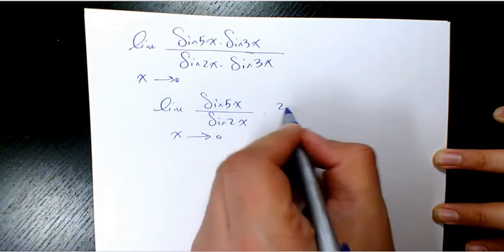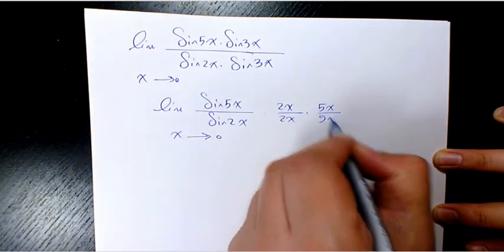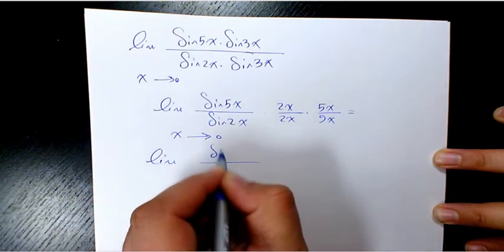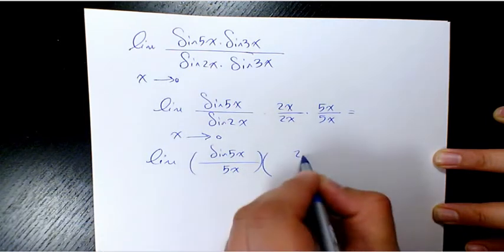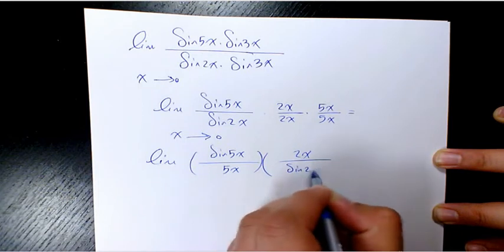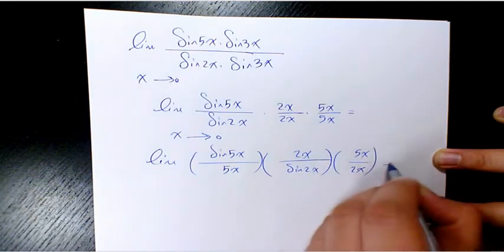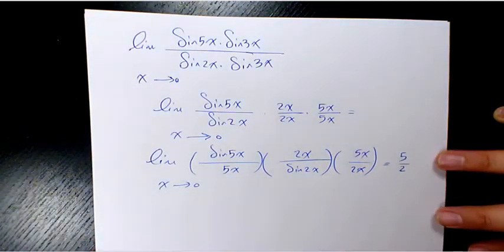You multiply it by 2x over 2x and 5x over 5x. Then it's going to change to sine 5x over 5x, 2x over sine 2x, and 5x over 2x, which is going to be 5 over 2.